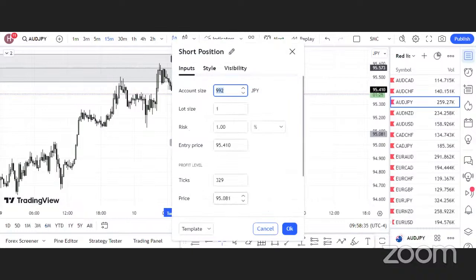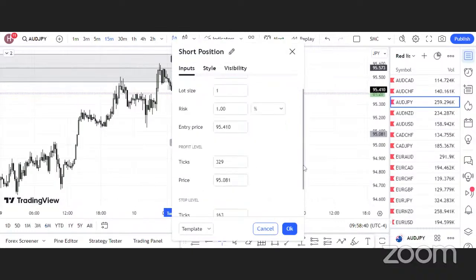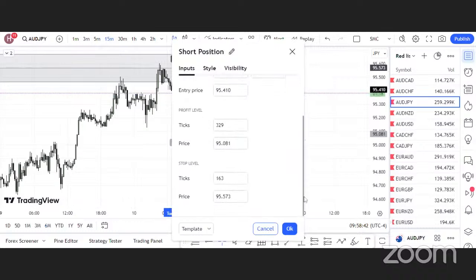And then the take profit is 95 point, oh, sorry. The take profit has changed. It's 95.081. That's the take profit. And the stop loss is 95.573.